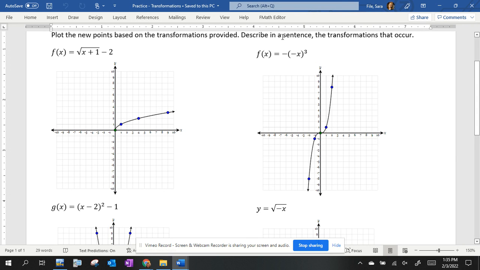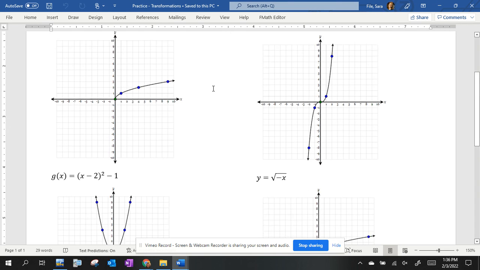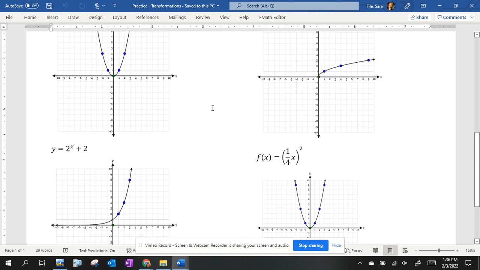Oh, it does say, I forgot I put describe in a sentence. So I want you to describe the transformation like we just did, like up, down, left, right, stretch, reflect, whatever. Okay. And I want you to do that actually to the points and draw the new graph for the function given. Okay. So there's 6 for you to try.